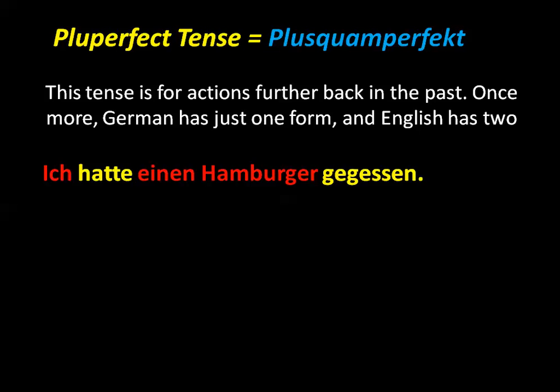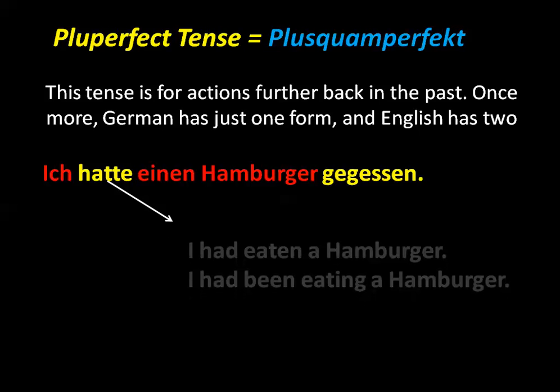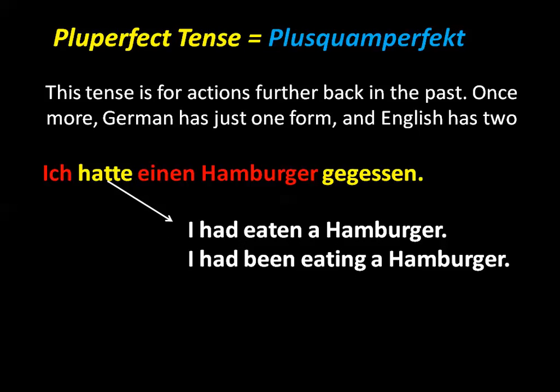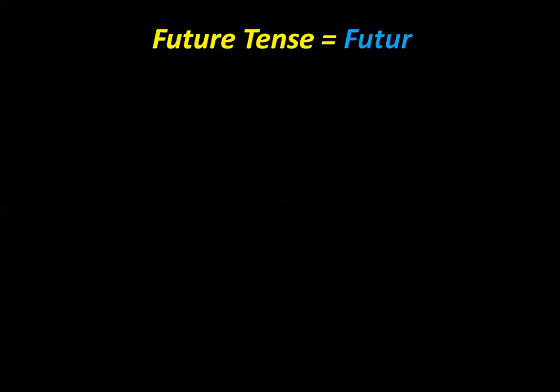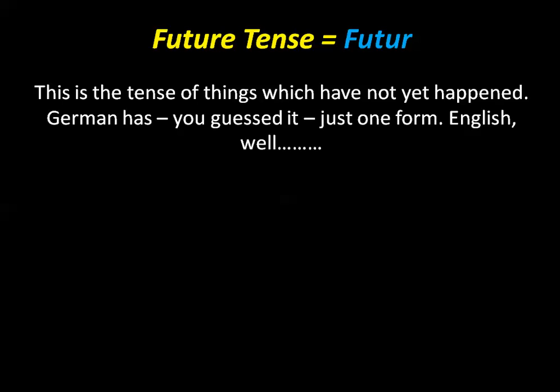In German sometimes you use the verb sein, and for more information on that, I would suggest you watch our videos on the helping verbs haben and sein and how to tell the difference. Okay, so in English we can relate this sentence by saying I had eaten a hamburger or I had been eating a hamburger.